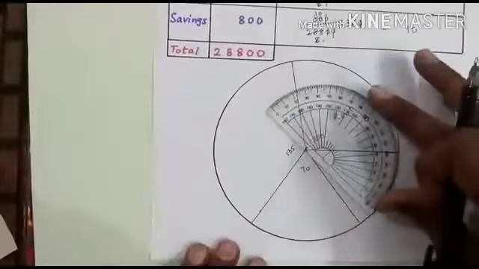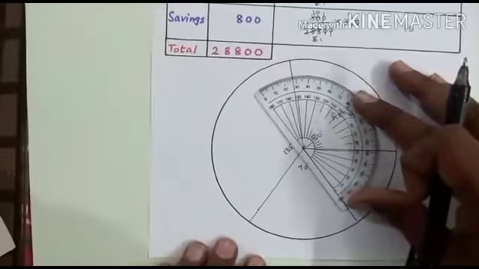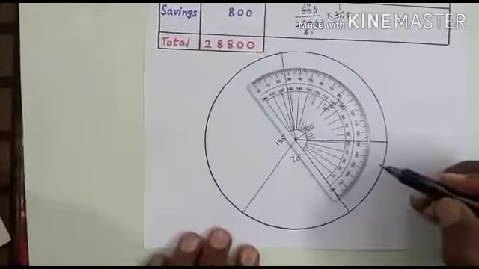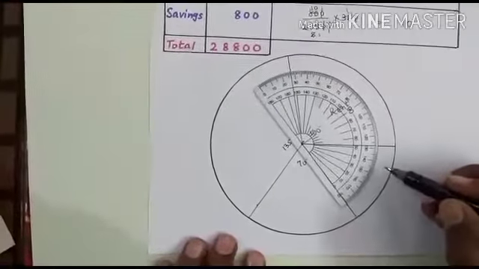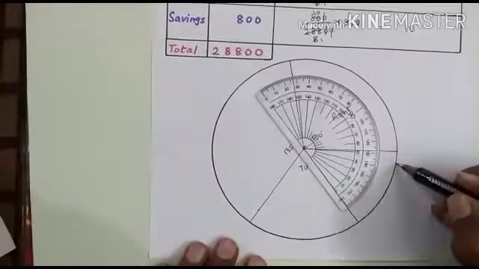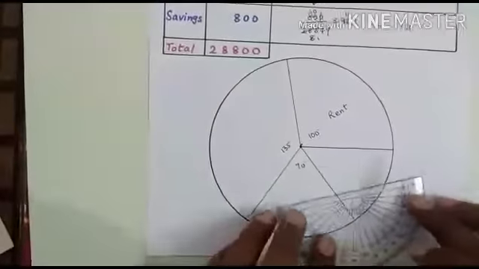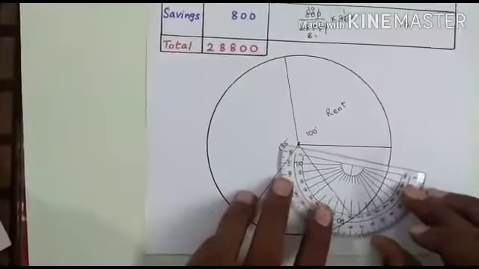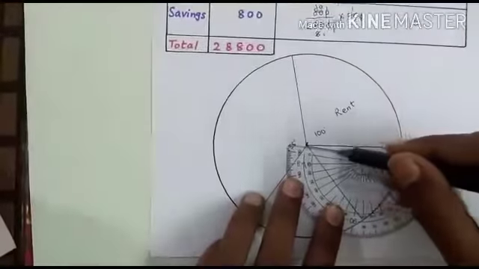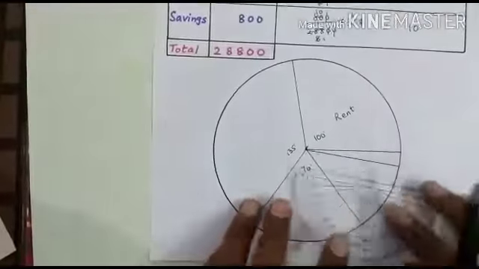So we have to put the protractor like that and count from this side 0, 45 degrees, 45 is here. Now join to this 45 degree angle.